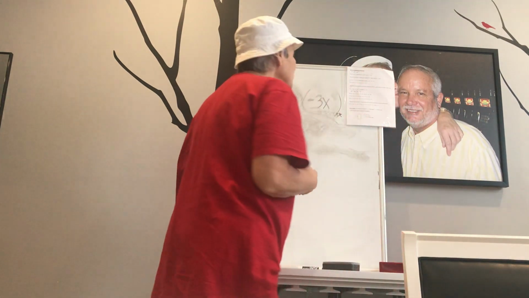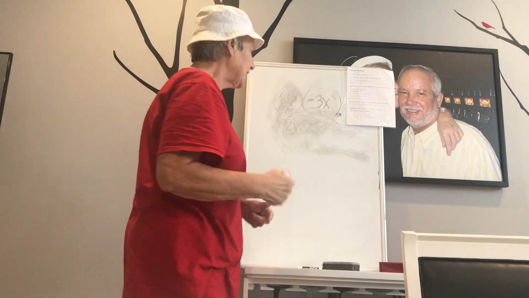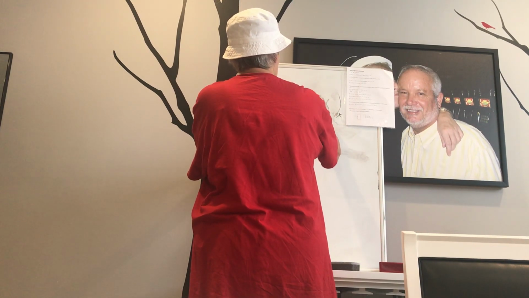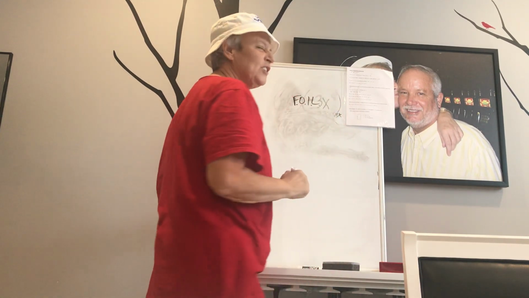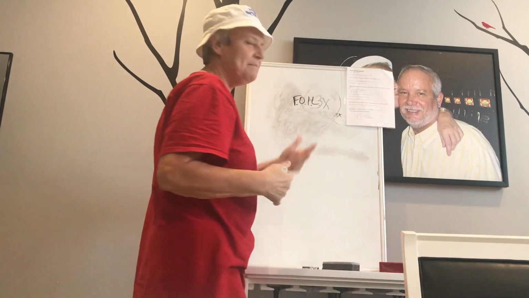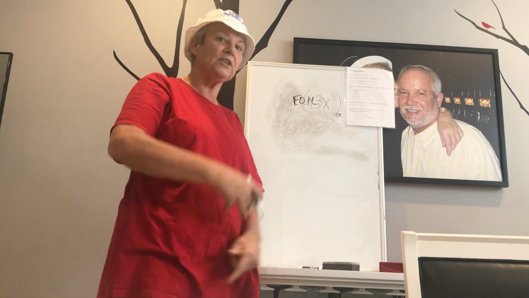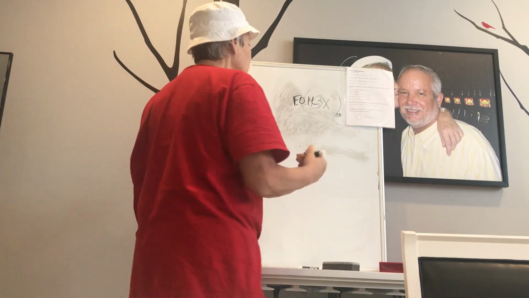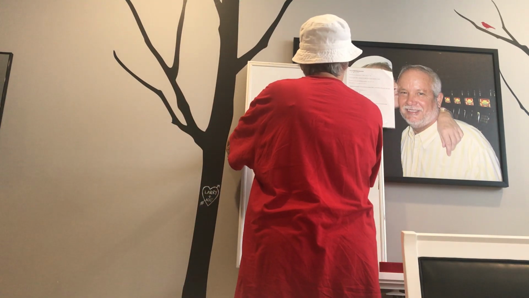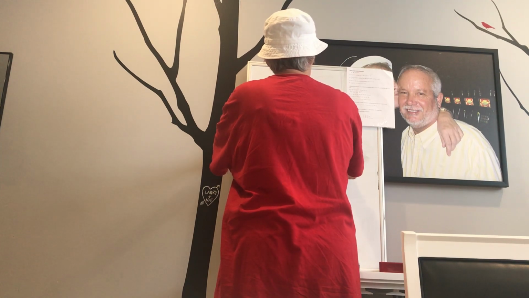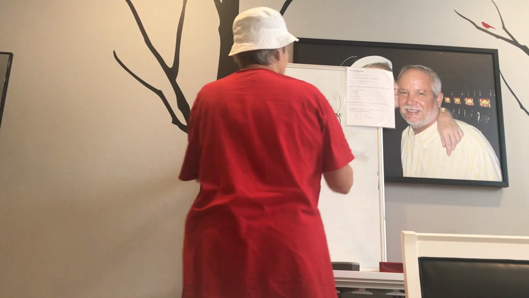Okay, a binomial times a binomial. I want to make sure I get to that. Now, a lot of people like to call this FOIL: first, outer, inner, last. But it's not really a good way to memorize it, because if you have a binomial times a trinomial, then it's no longer FOIL, because that only works for binomial times binomial. Let me show you what I'm talking about. X plus 2, x minus 7.